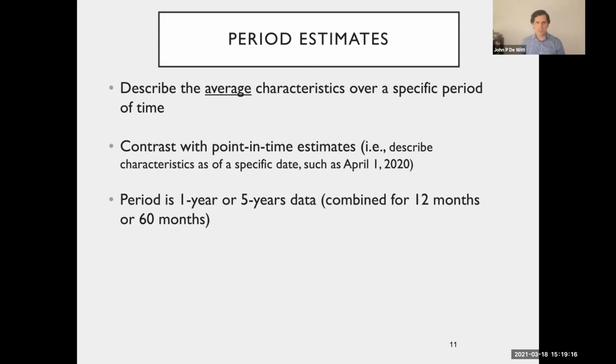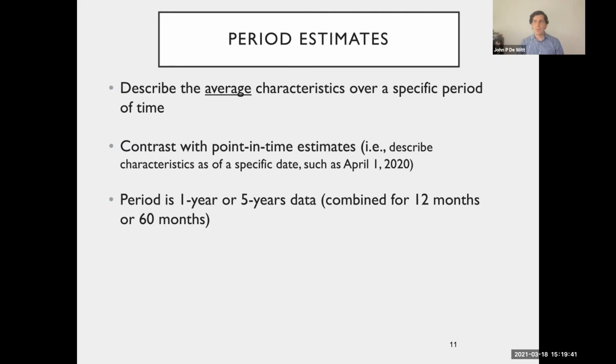There are multiple reasons for that, including the precision of the estimates that are calculated from the data. So the 1-year data tend to have much wider margins of error than the 5-year data, particularly when we look at some smaller level geographies.